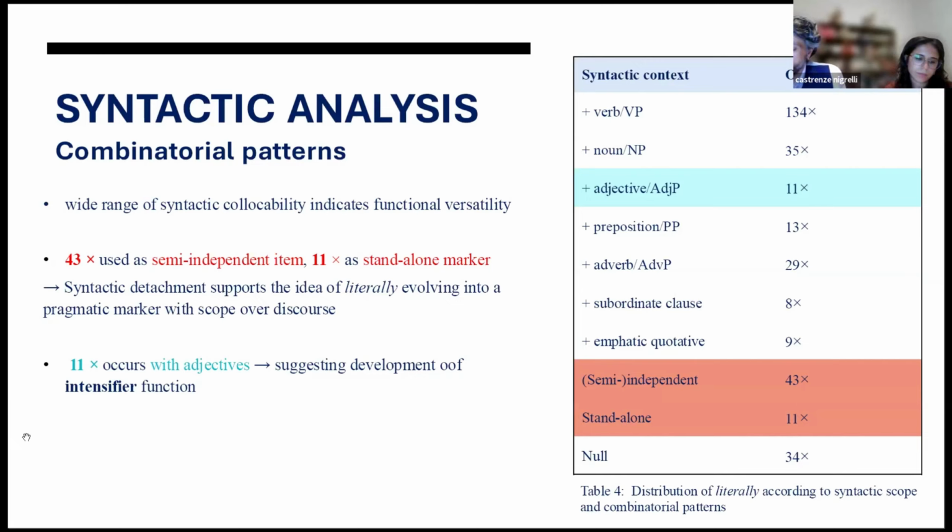Indeed, as we are going to describe in detail, such functions are typically found when literally is syntactically detached or semi-detached, occurring at the sentence periphery or interpolated, carrying no propositional meaning and having global scope over the discourse as a whole rather than a local scope.